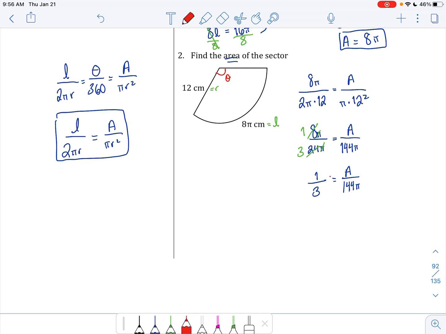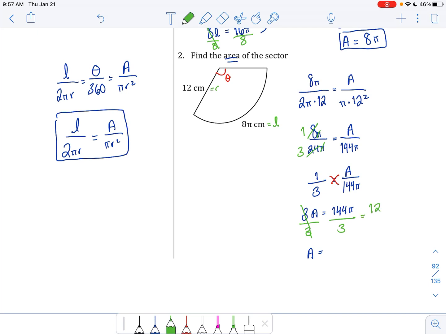Here I'm going to cross multiply. And I get 3a is equal to 144 pi. Divide both sides by 3. And I end up with a is equal to, and I would simplify it like this.